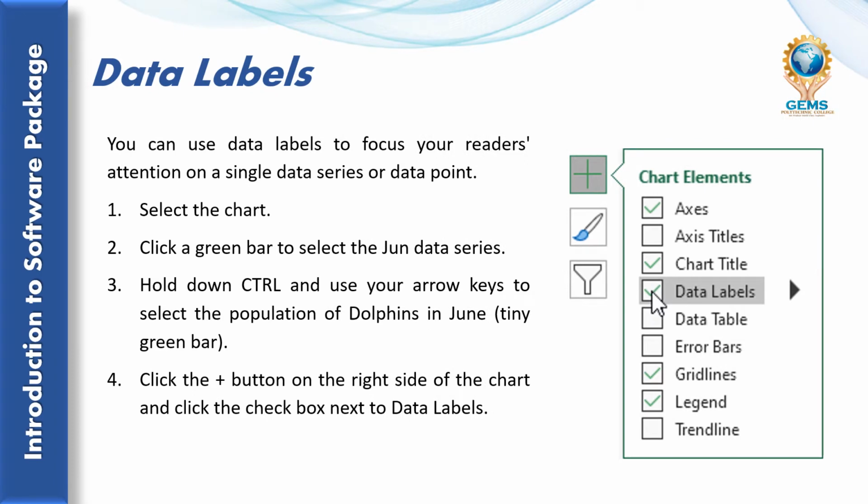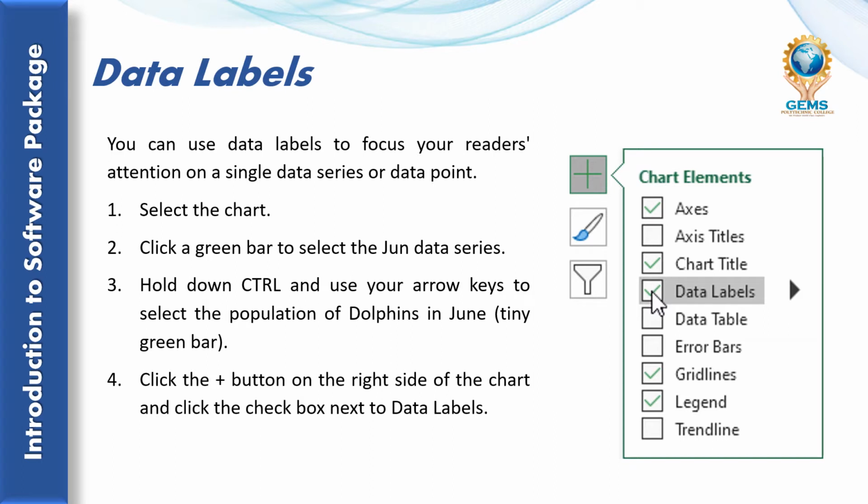Data labels. You can use data labels to focus your reader's attention on a single data series or data point. First you have to select the chart and click the green bar. Select the data series, hold down the control key and use the arrow key to select the population.